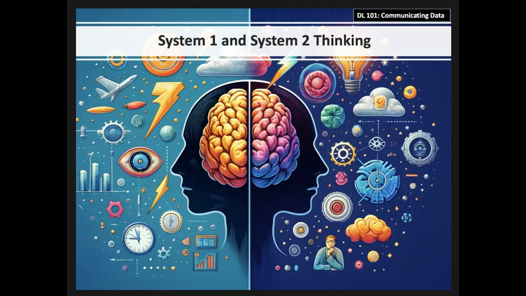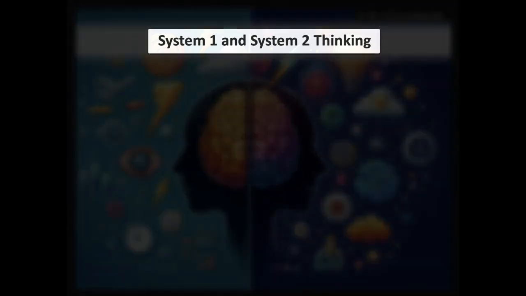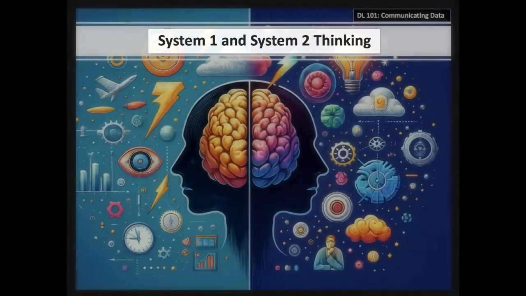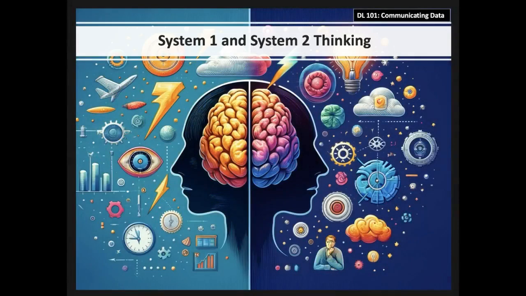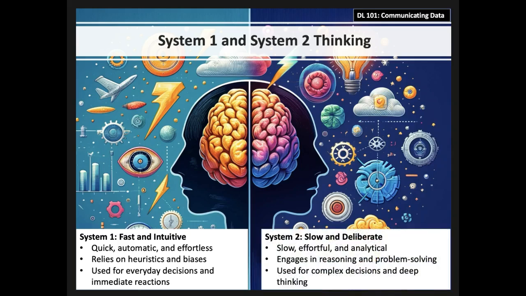Daniel Kahneman's work on cognitive psychology, particularly his description of System 1 and System 2 thinking, provides valuable insights into how we process information and make decisions. System 1 is fast, automatic, and intuitive, while System 2 is slow, deliberate, and analytical.